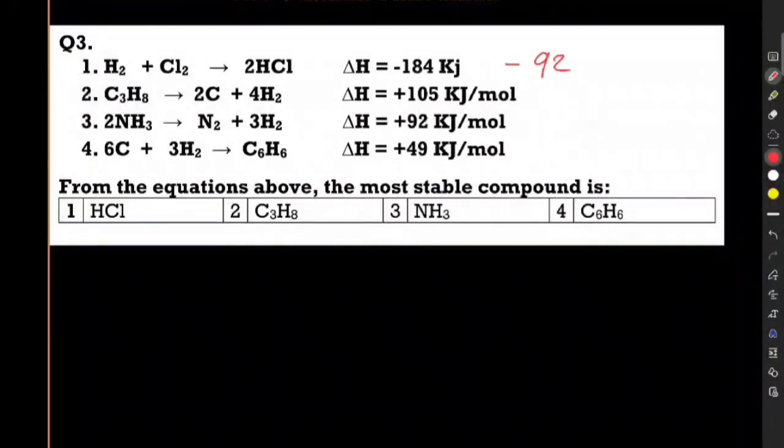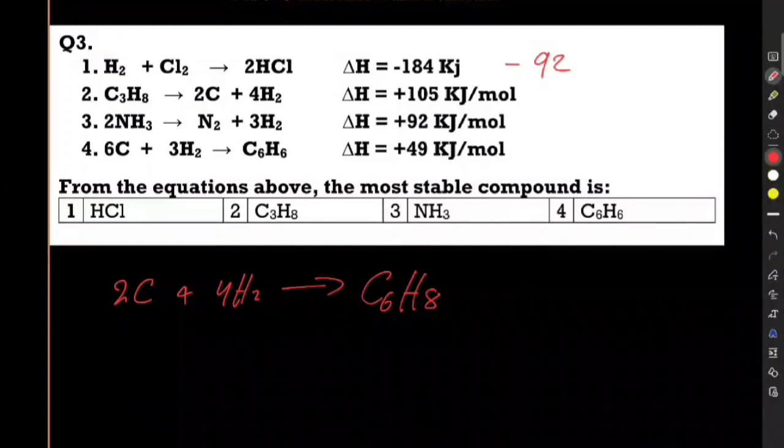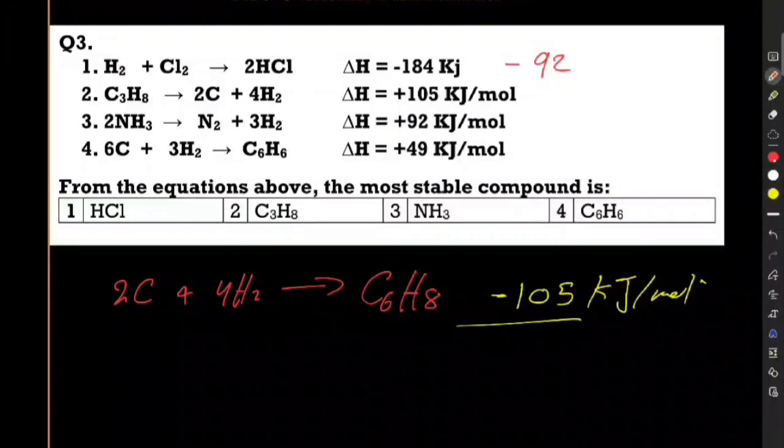So to make it heat of formation, we need to reverse the equation. So in this case, we are going to say 2 carbon plus 4 hydrogen will give us C3H8, and the heat of formation will be negative 105 kilojoule per mole. So this is more negative than the first one, right?